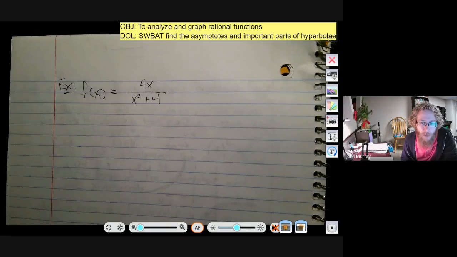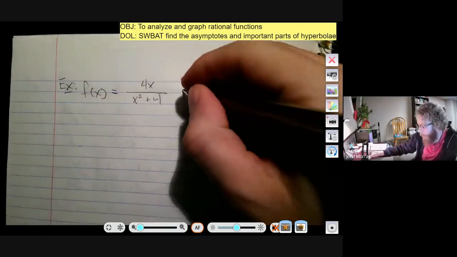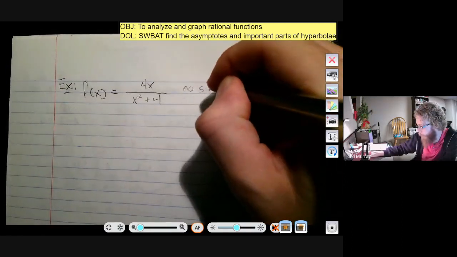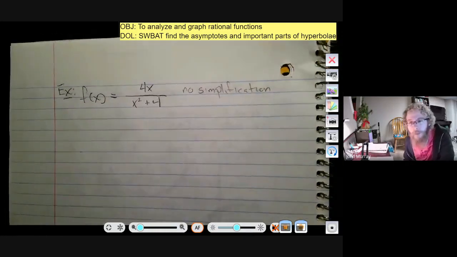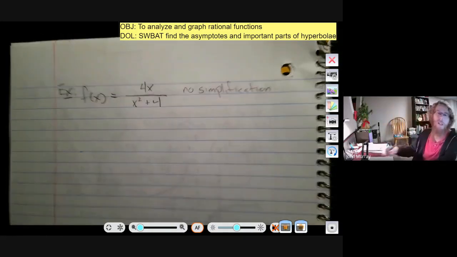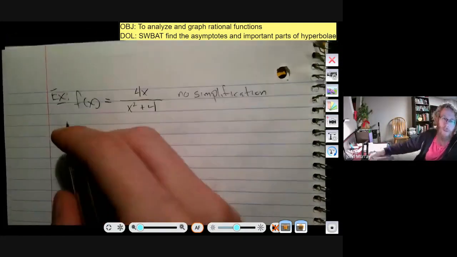In the denominator, if I had x squared minus 4, I could break that up, but I can't break up x squared plus 4. So this doesn't have a simplified version. So no simplification. All right, so let's find our intercepts.